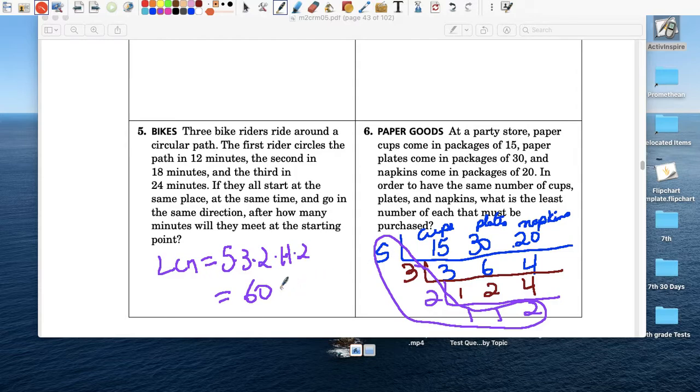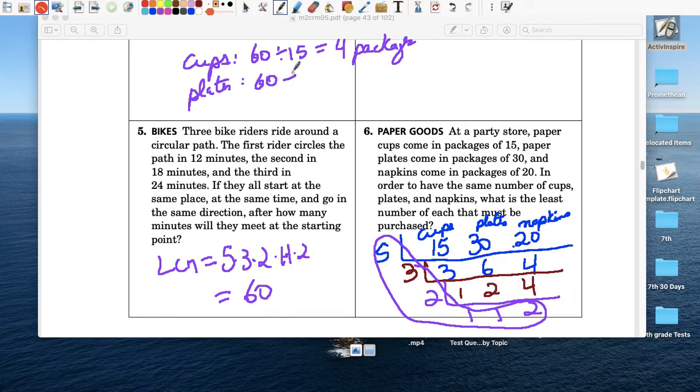And if you divide 60 by 15, how many packages of cups? So 60 divided by 15, he's going to need 4 packages, right? And then plates. Plates have 30 plates, so 60 divided by 30, you need 2 packages.